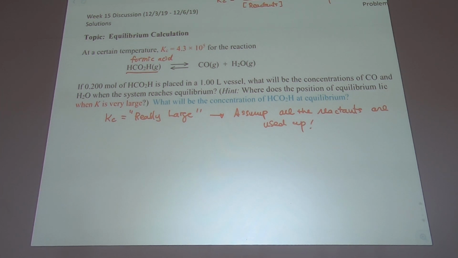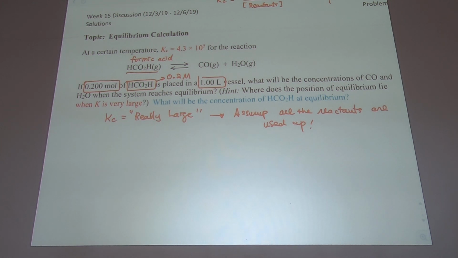That will be some clue that I want to have, because what you see here is that this is a reactant, and they give you an initial concentration, which is 0.2 big M. But because of the large K constant, everything is turned into 0.2 moles of CO and 0.2 moles of H2O.